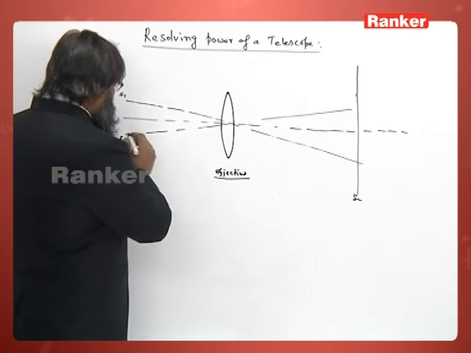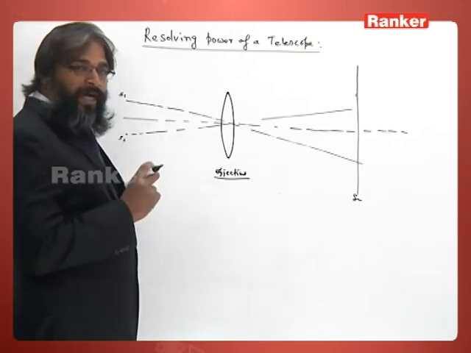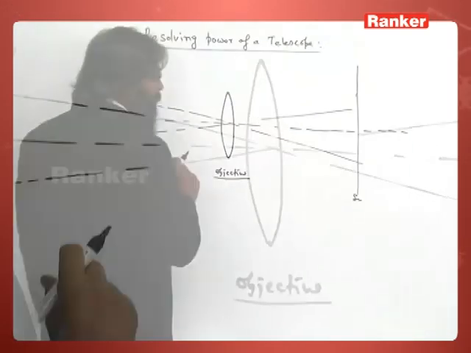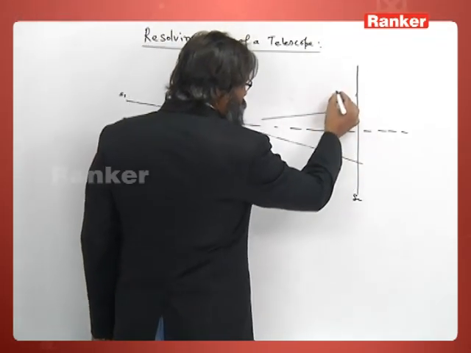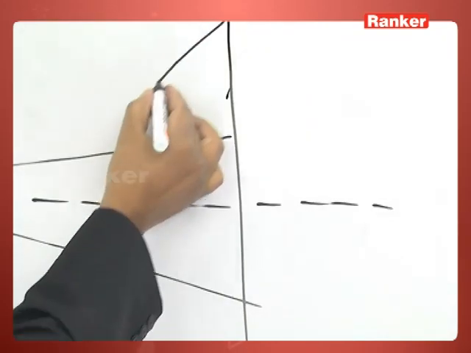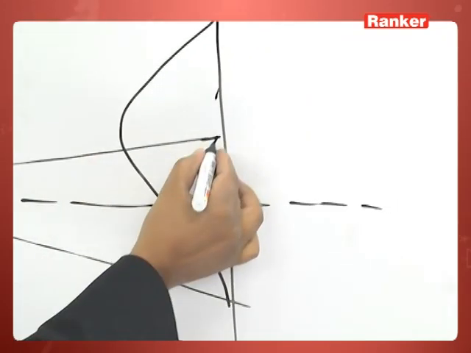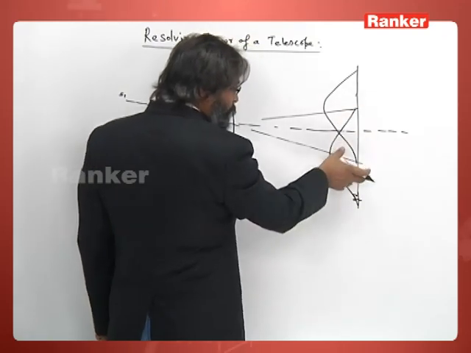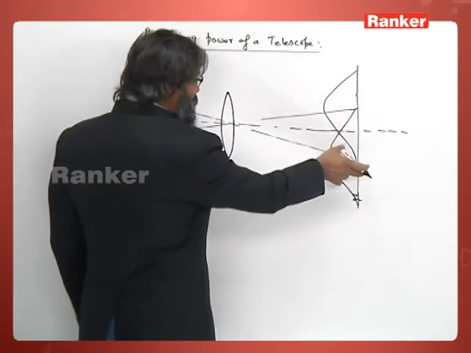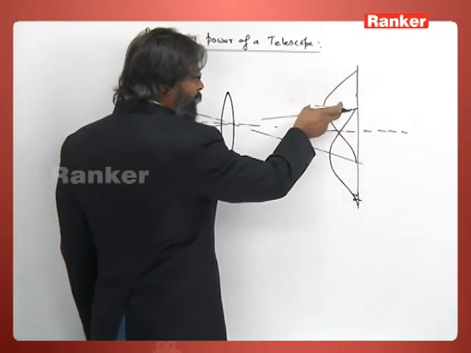So, now suppose S1 and S2 are two stars which we are looking at through this telescope. What happens here, according to the Rayleigh criterion, is that we will have the minima of one diffraction pattern coinciding with the central maxima of the other.